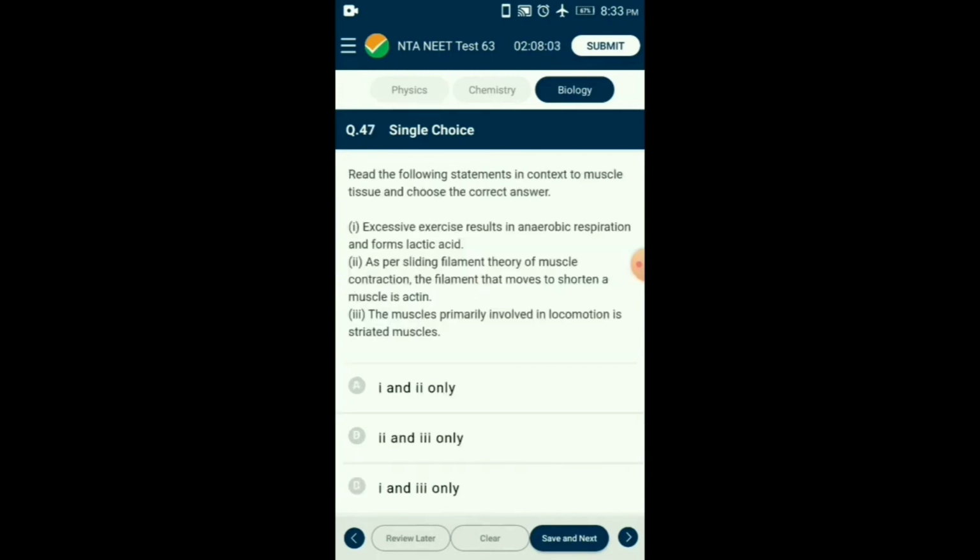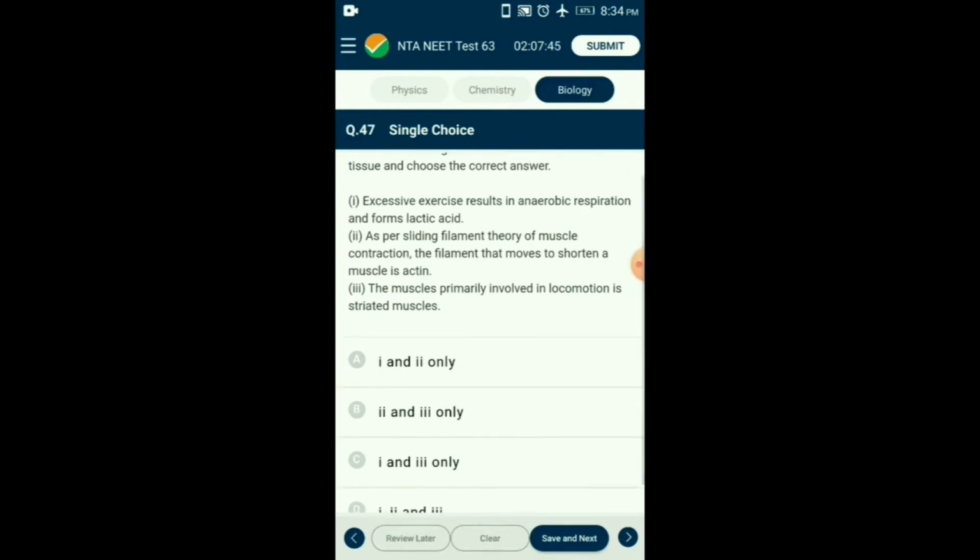Question number 47. Read the following statements in context to muscle tissue and choose the correct answer. Excessive exercise results in anaerobic respiration and forms lactic acid, which is responsible for muscle cramps. The sliding filament theory is the explanation for how muscles contract to produce force.